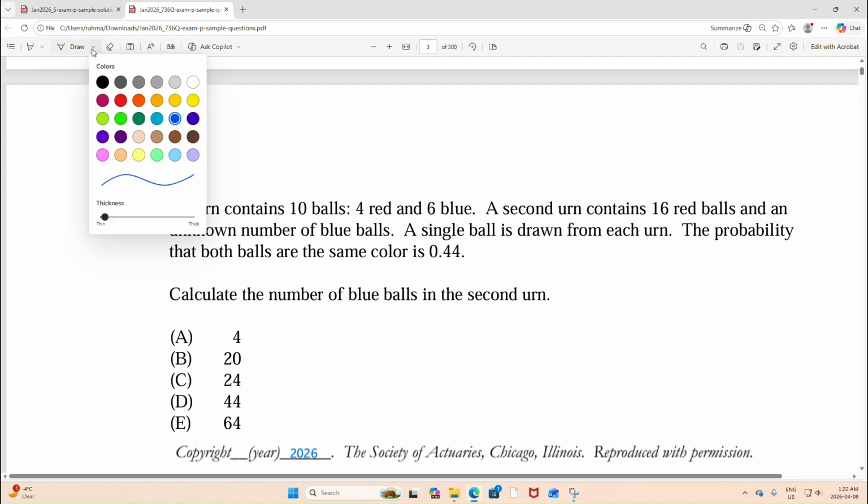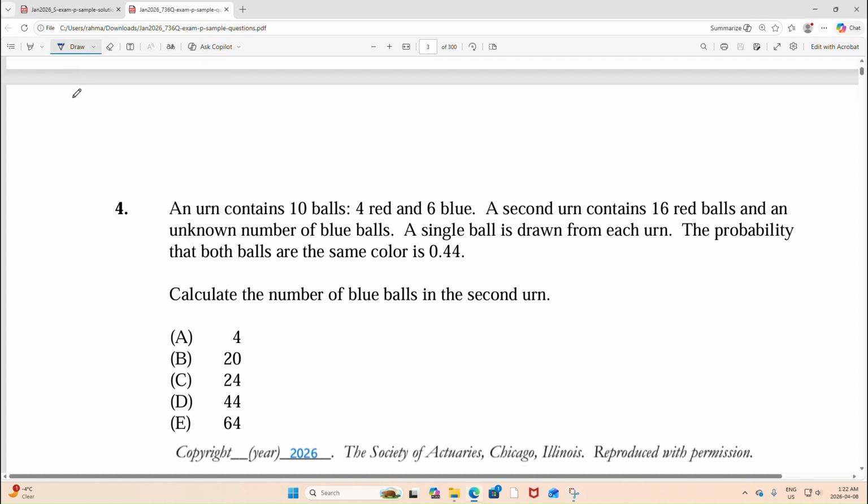Okay. So the probability that both are the same color is 0.44, and that's just going to be the probability that both are red, I'll just put R here, plus the probability that both are blue.